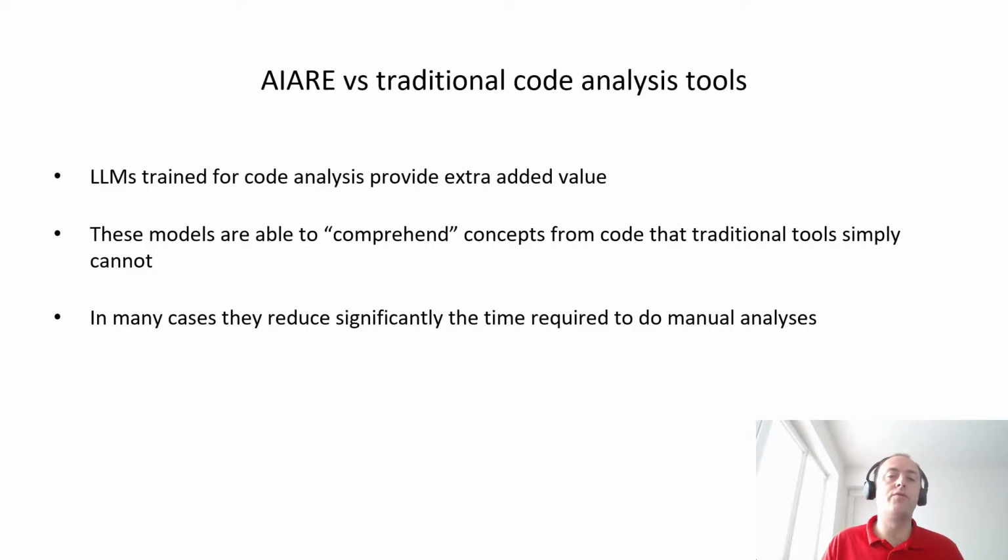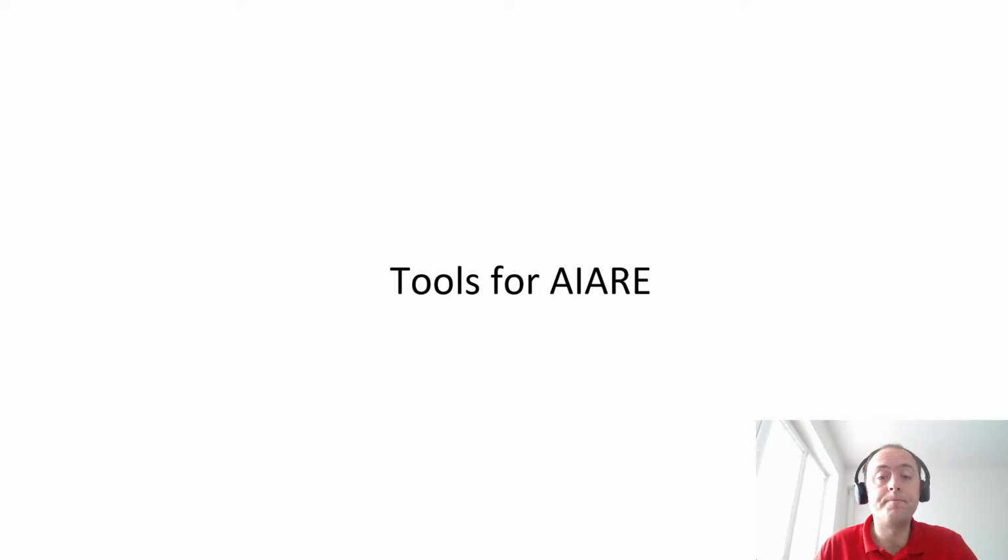Because typically those tools, for example tools for static code analysis, really need to parse the source code and then try to discover relationships between the different elements in the code. And in many cases, this ability to comprehend concepts in the code that traditional tools cannot significantly reduces the time to do manual analysis.